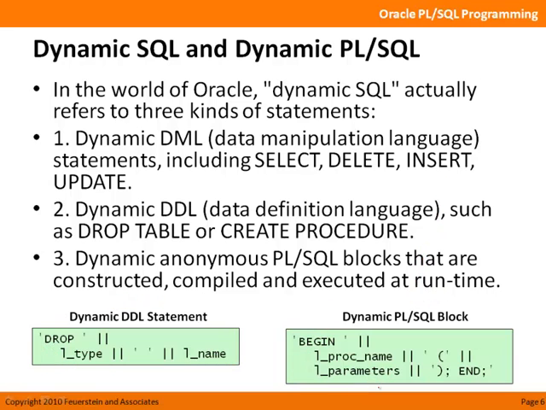In all cases, when you're talking about dynamic SQL, you could mean any of these things: dynamic DML, dynamic DDL, and dynamic PL/SQL. But in all cases, you're constructing and executing a string at runtime.